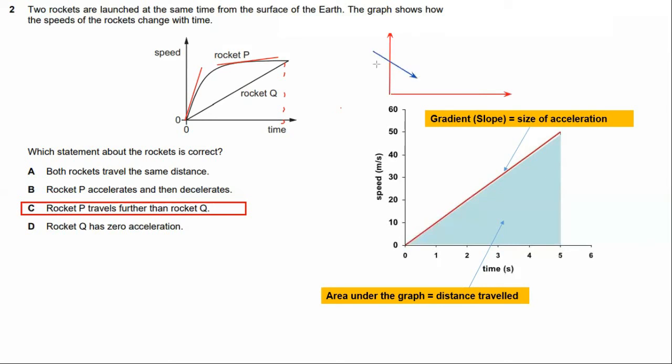So if we consider this blue color line, this blue color line makes an obtuse angle with the positive x direction. This is the positive x direction. Therefore, we don't have any deceleration in rocket P or in rocket Q.